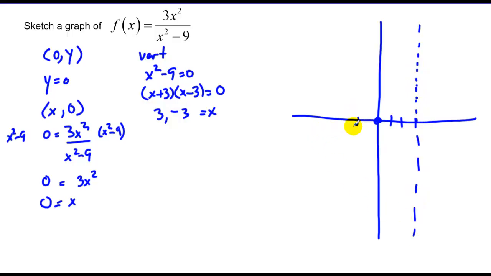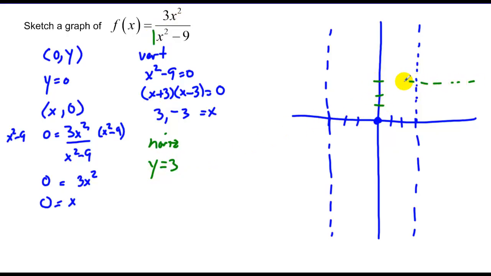One going through 3, one going through negative 3. And for our horizontal asymptote, again, we notice that our degrees match. Therefore, I divide my coefficients of 3 and 1, and I get y equals 3. I go up 1, 2, 3, and draw a horizontal line across. This tells me what the graph approaches as x is very big and x is very small.